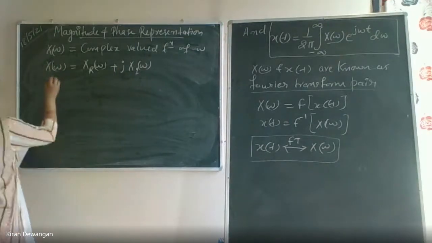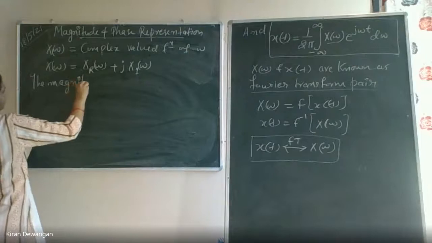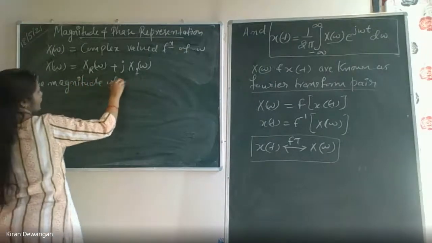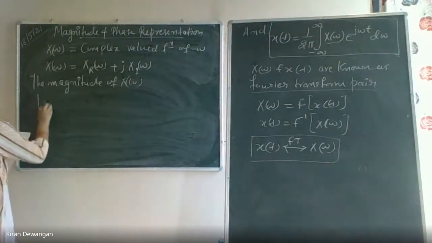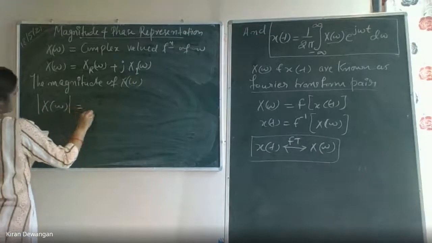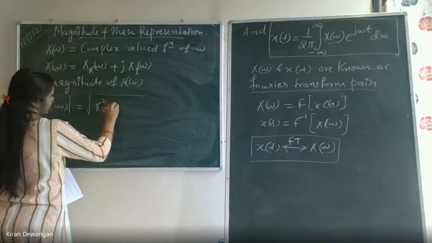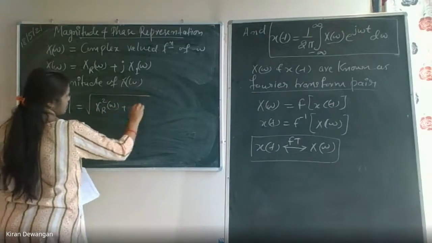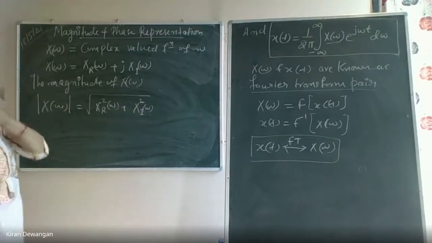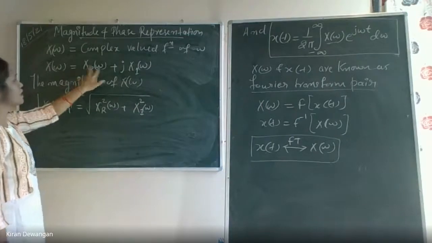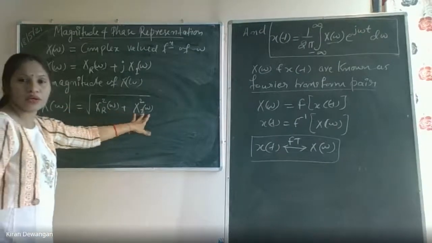And if we have to find the magnitude of x omega, it is given by mod x omega equals root over xr omega square plus xi omega square. Definitely it will be the square of this one plus the square of this one under root. Okay? So root over xr omega square plus xi omega square.